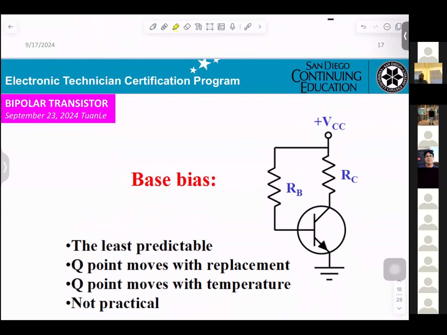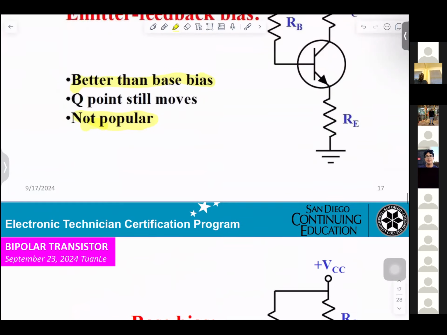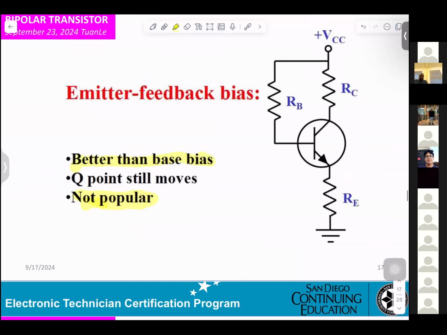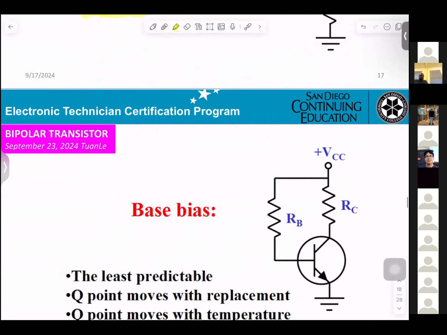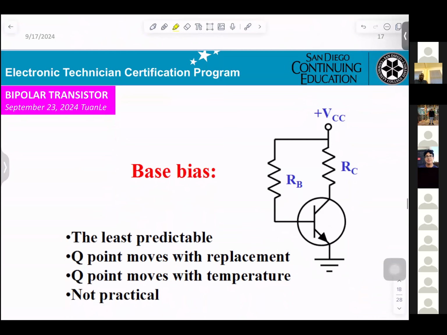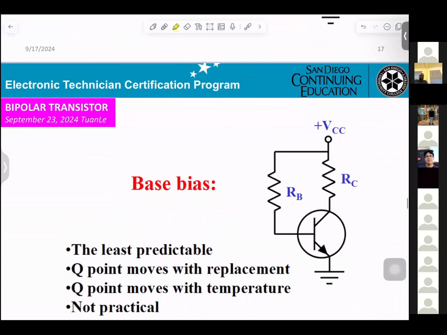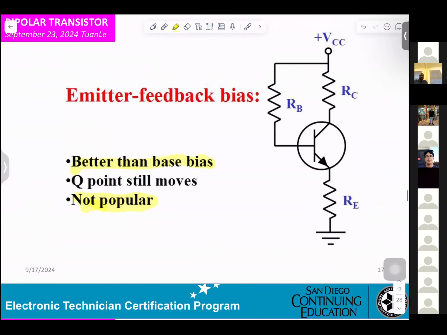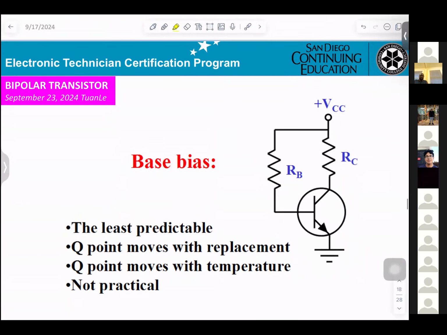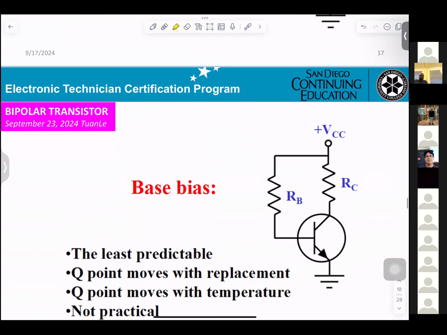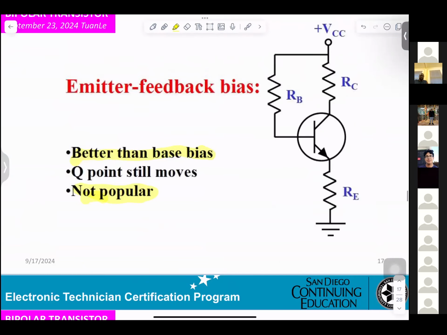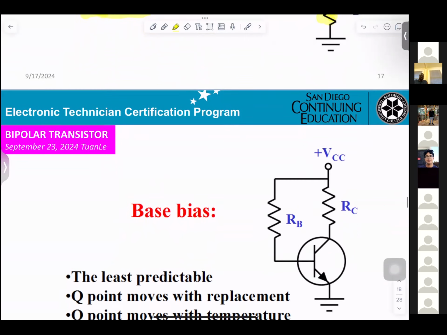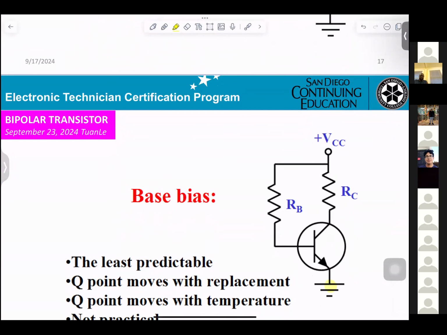Bias. Okay, let's see. That one they connect RB here, RB here. Bias looks like the same, right? However, you can see the difference. This one has the resistor here, and this one connects directly to the ground.